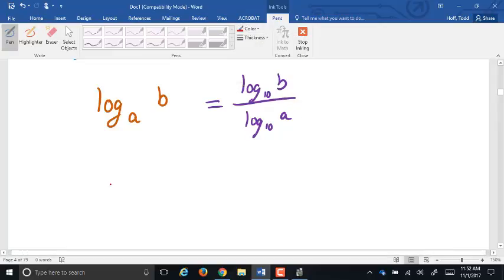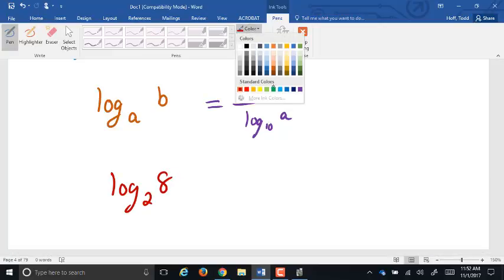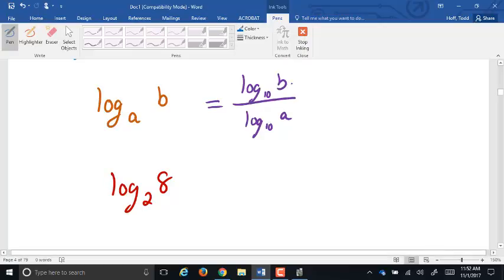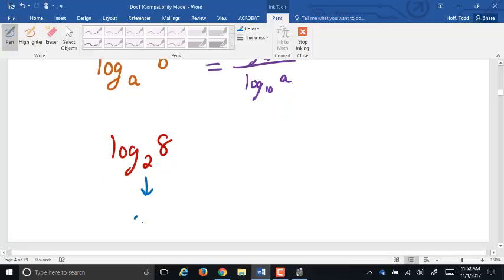So let's take a look at this. Log base 2 of 8. Now remember what this is asking, log base 2 of 8. It is asking is 2 to what power equals 8? Well, we know 2 to the third power equals 8, correct? So we know this has to be 3.